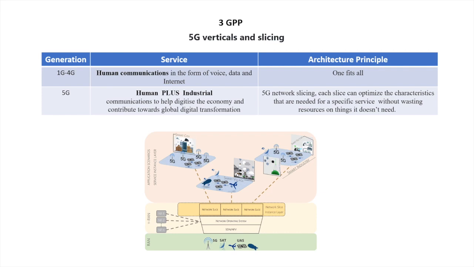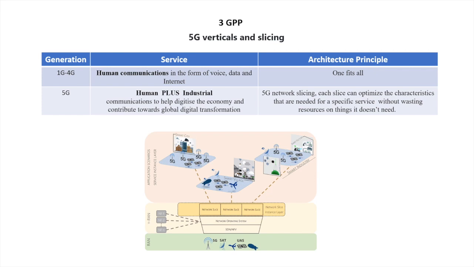The concept of slicing allows businesses to control cellular network resources on a flexible and granular level, optimizing resources for the specific business. But this requires additional work for mobile operators.